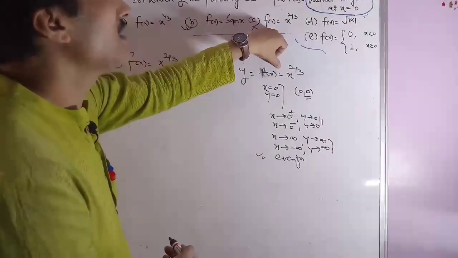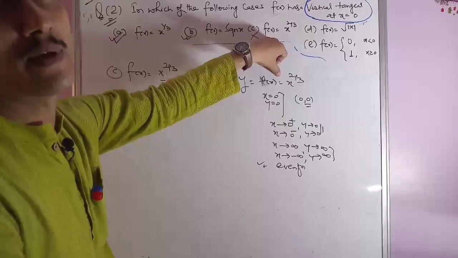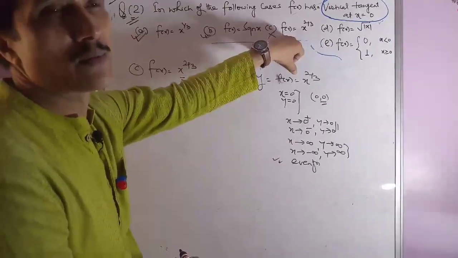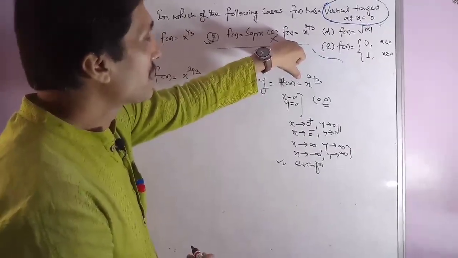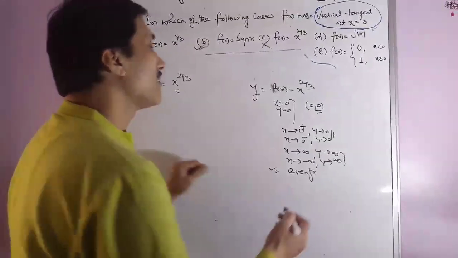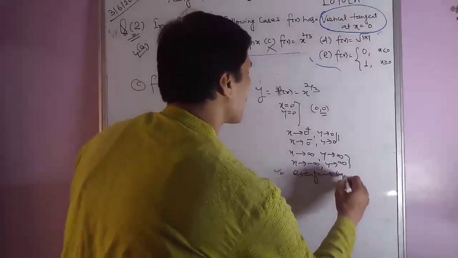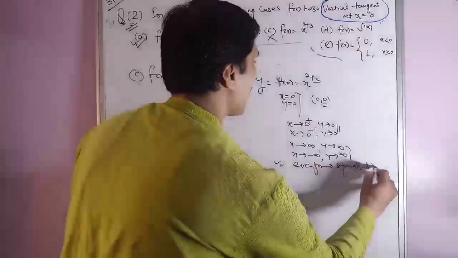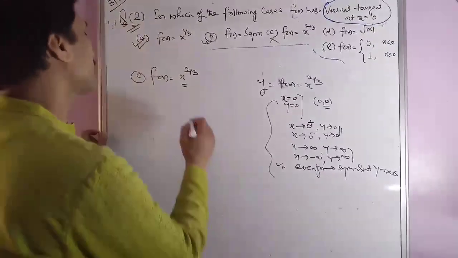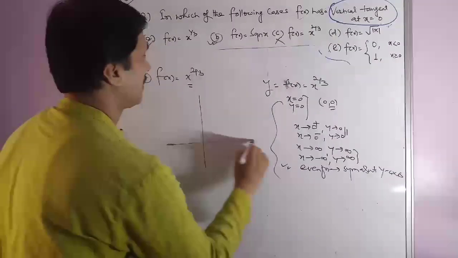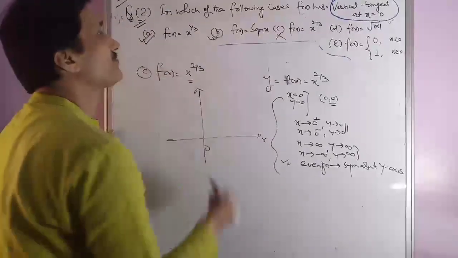So if f of minus x equals f x for all x belonging to the domain of the function, then the function will be an even function. So here the function is even and the graph of an even function is symmetric about the y axis. Notice all these things become clear here.